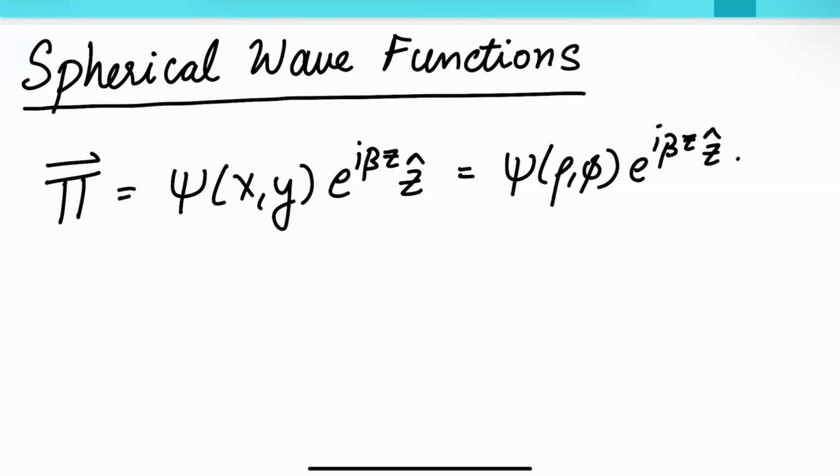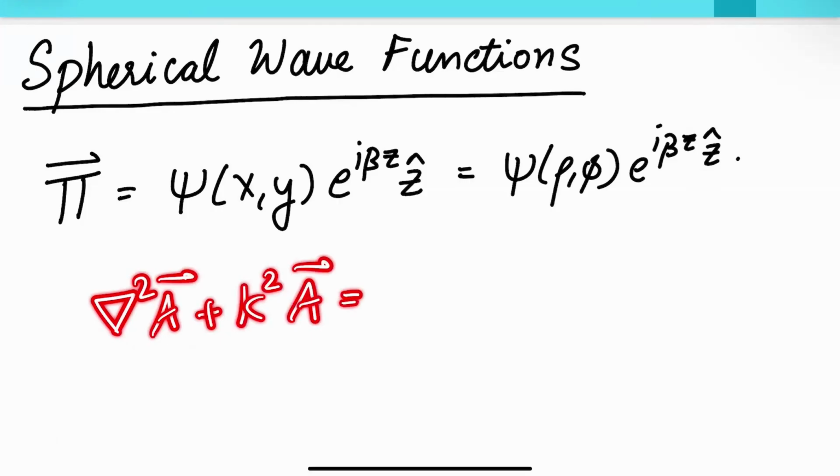The reason you could do this is because in our vector wave equation, let's say the A vector satisfies something like this, plus k squared A equal to 0.